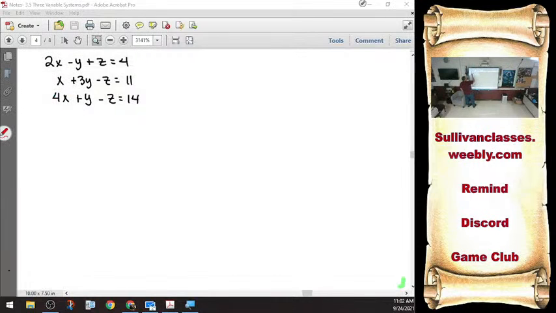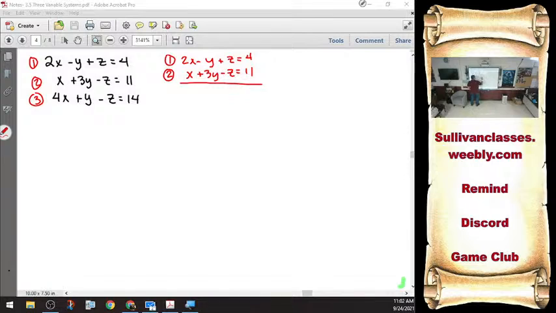So, I'm going to start by labeling. Always label. I'm going to say equation 1 plus equation 2. 2x plus minus y plus z is 4. X plus 3y minus z is 11.